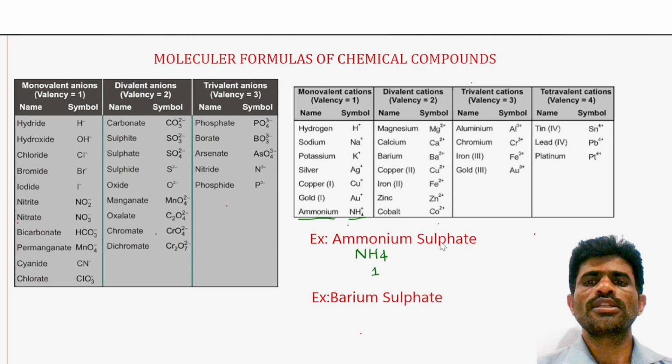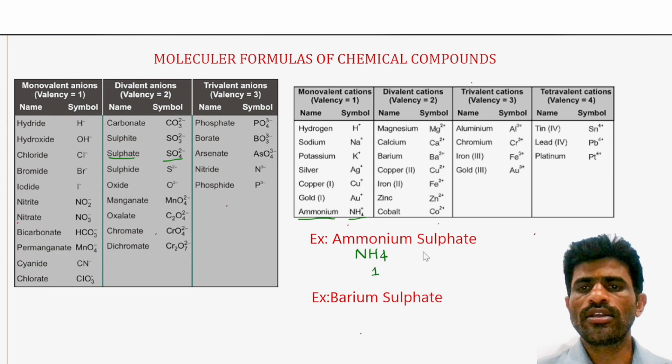Then sulfate also we have to know. Here is the sulfate, and its symbol is SO4. It is a divalent anion, so valency is 2. So we have to write that here, sulfate, SO4 symbol, and its valency is 2.